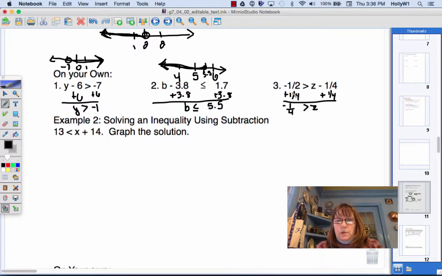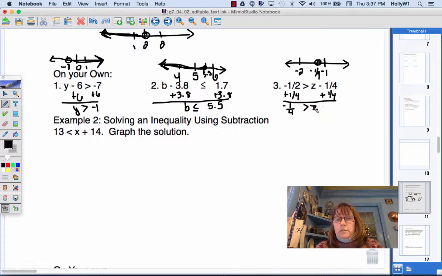Because this would be 2/4, so negative 2/4 plus 1/4 would give us negative 1/4. Now, this is backwards from the way we're traditionally used to seeing an inequality, so I'm going to put negative 1 here. Could put negative 2 here, and negative 1/4 is roughly there, and it's an open circle.